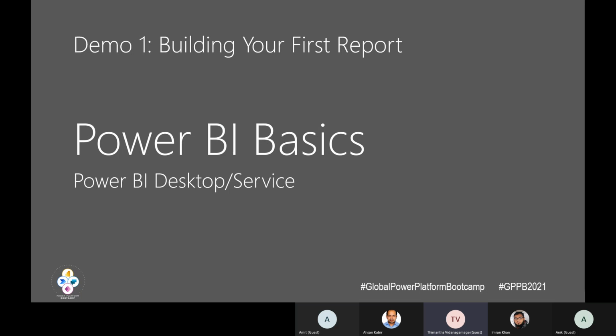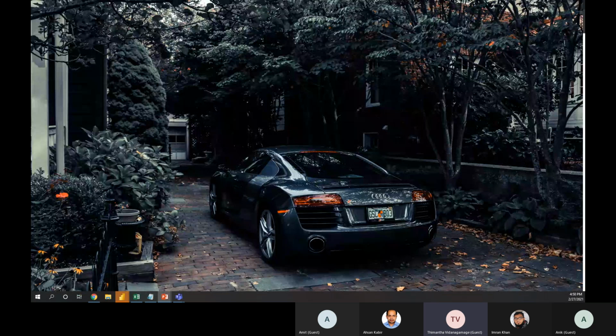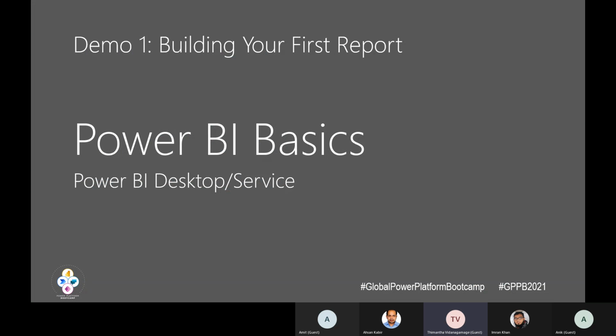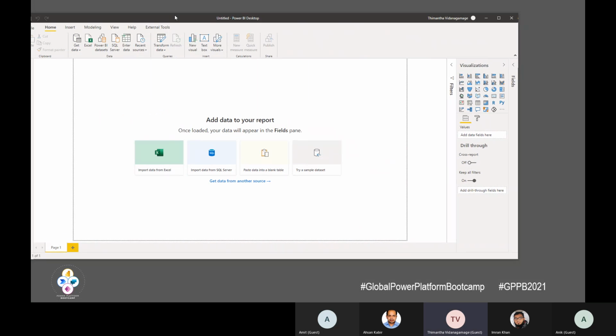So let's move right into the Power BI basics. For the Power BI basics, I have set up a simple demo. Firstly, we'll move into Power BI Desktop, and I'll show you what we've got there. So this is Power BI Desktop.